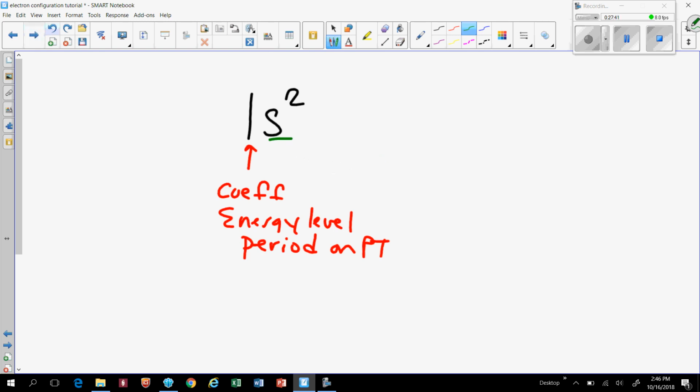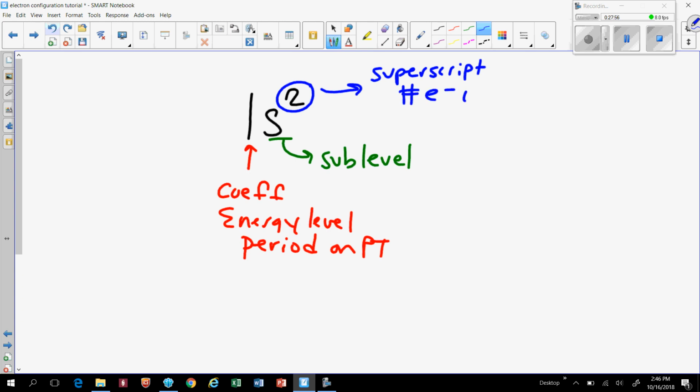Okay, and that sublevel corresponds to certain groups and families on the periodic table. And this superscript, okay, super because it's above, that superscript is the number of electrons in the sublevel, not the orbital in the sublevel. Yes, orbitals make up sublevels, but notice the superscript 2 comes after the letter S. S is the sublevel. So this 2 superscript tells me 2 electrons in the S sublevel, okay?